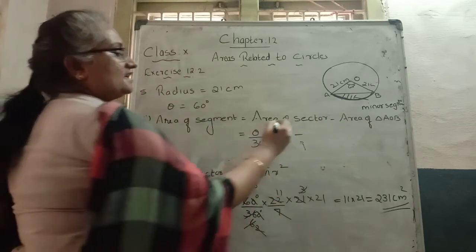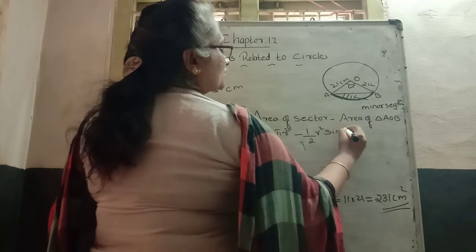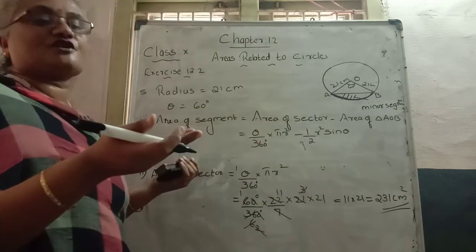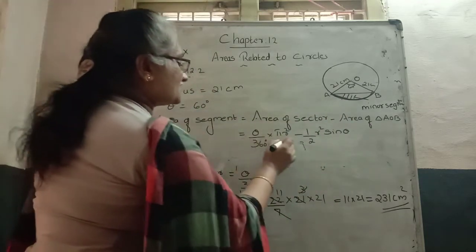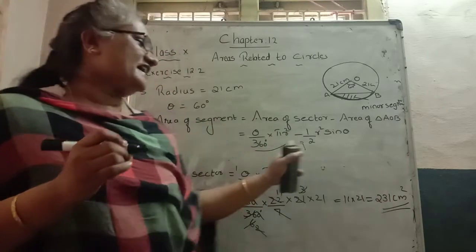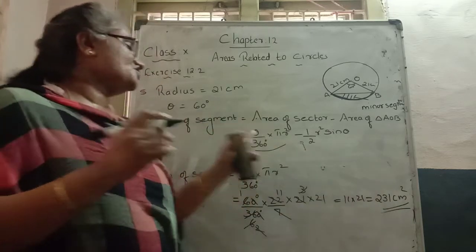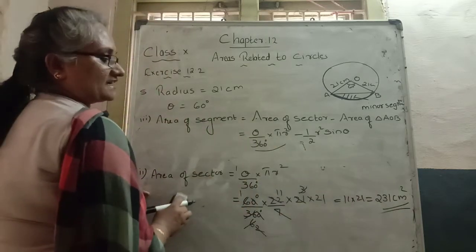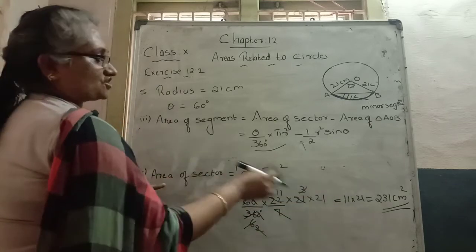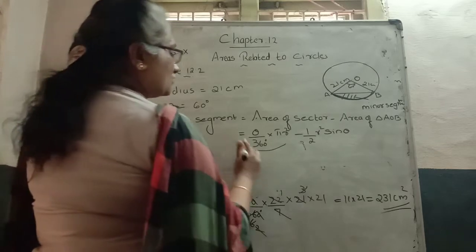Area of triangle, one formula given, half r square sin theta, or half into base into height, any form. But in the second part we found how much? 231. Again we need not find it, we already found that answer, just substitute that value here. In second part we found by applying the sector formula 231. So that value substitute.